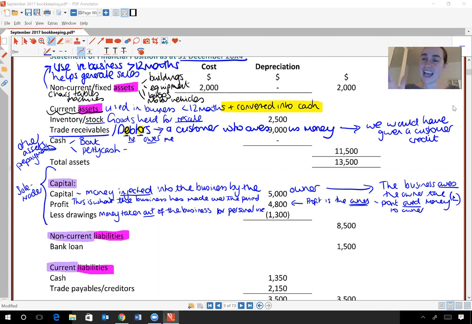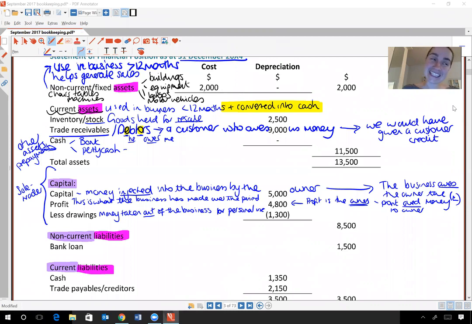So the wife had her teeth whitened by the business. Now, what would we call that? Yep, absolutely. It's drawings. There's no way that is a business expense.